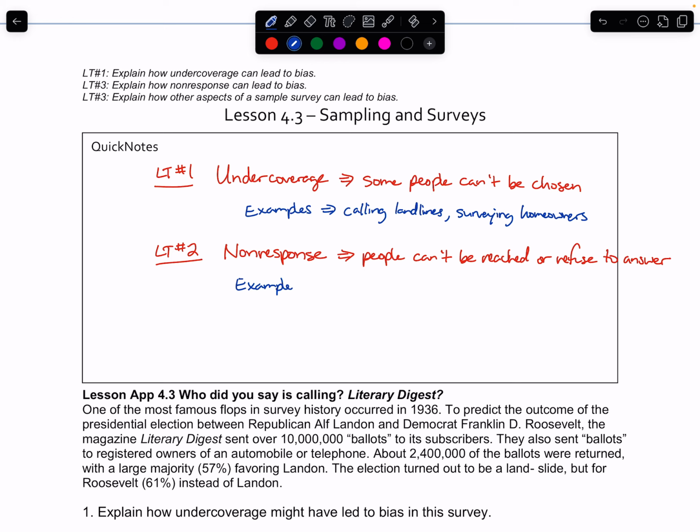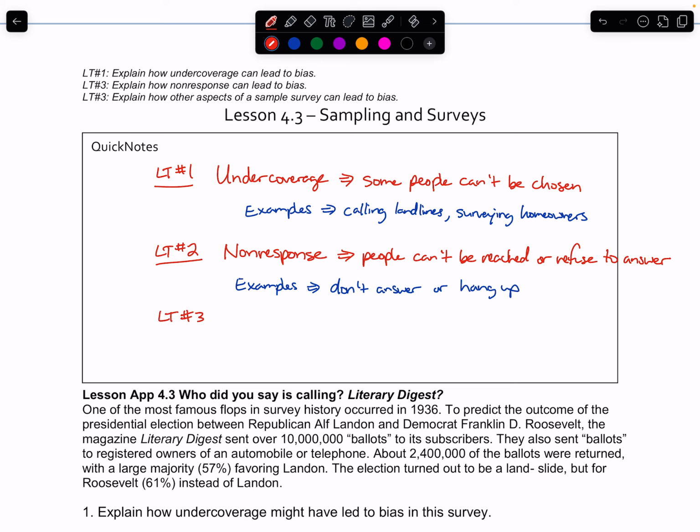So some examples of this would be that they just simply don't answer, or if they hang up. So if I send out a survey or send out an email link or whatever it is, and they just simply don't answer to it, or I call them and they just hang up in the middle of it, it's an example of them not responding. Okay, and that's an issue. If I've chosen people that I want to get responses from, I want to try to get them. Okay, I got to do whatever I can to try to get that feedback.